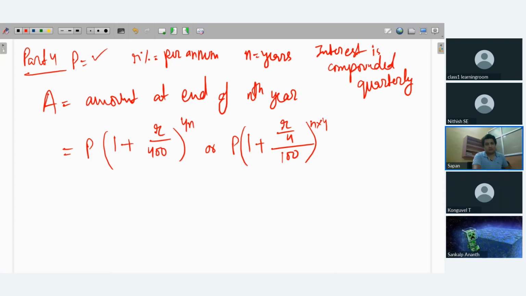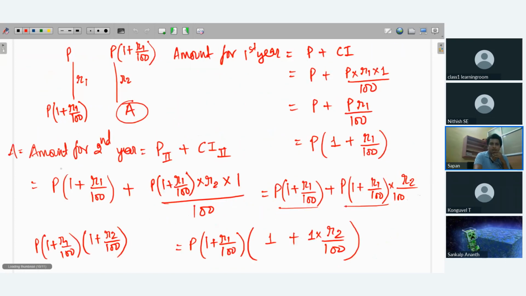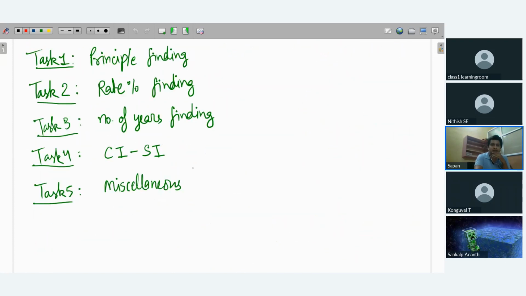So what we will see in tasks 1, 2, 3, 4, and 5. The first 3 tasks are simple. In that formula, you generally have 4 parameters. If any 3 are given, you can find the 4th one. So the first 3 tasks relate to that.